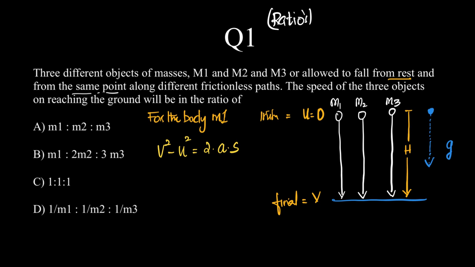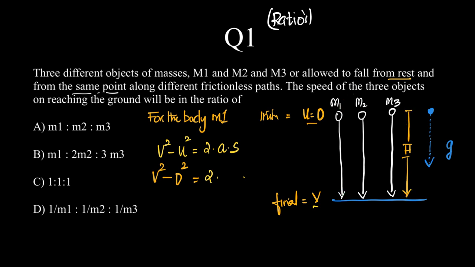The final velocity is v, the initial velocity is 0, so we write 0 square. What is s? s is the height, the distance traveled. The object is dropped from here and comes down to the ground, so the body has traveled a distance equal to the height of the place where it was dropped.